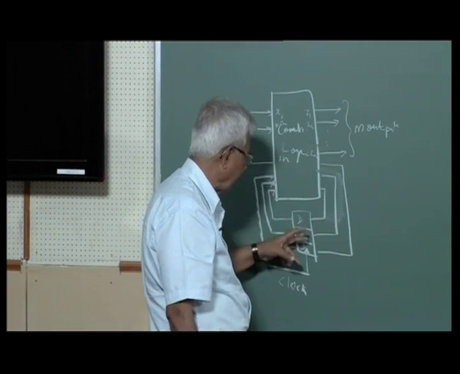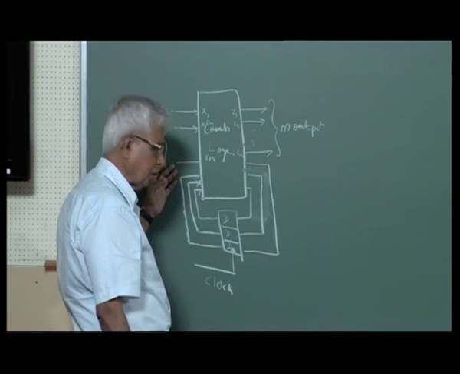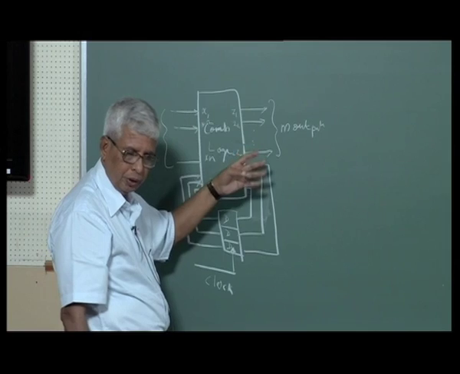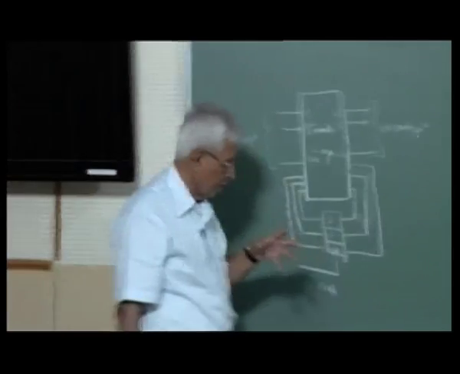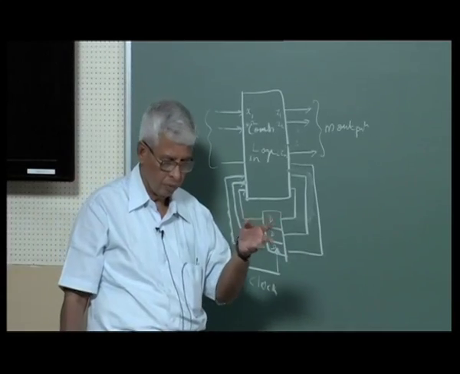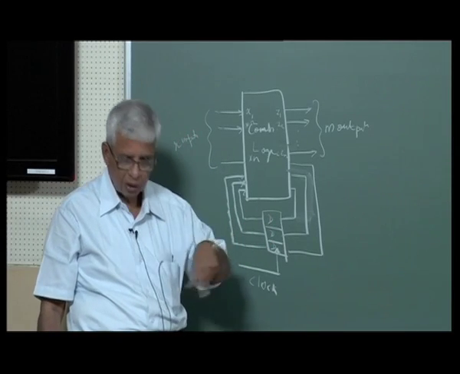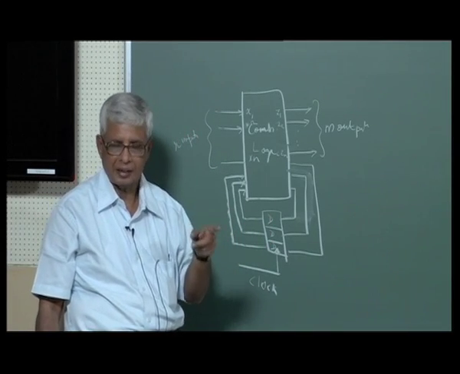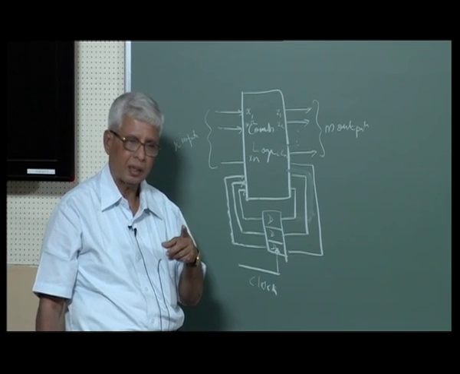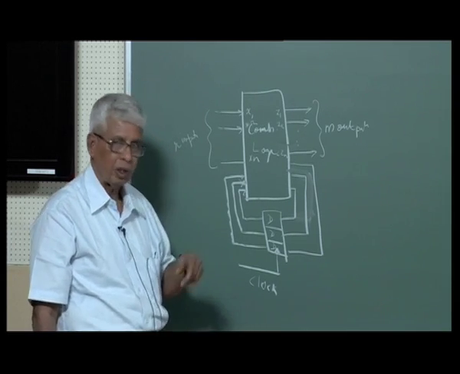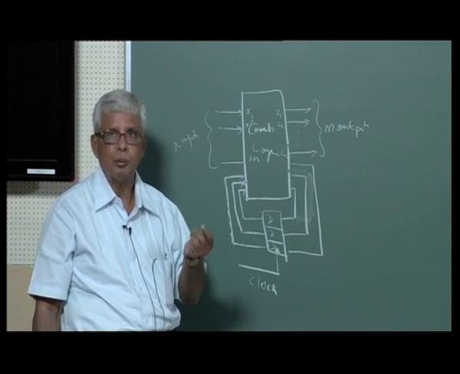We have only flip flops, no external inputs, no external outputs. These are only states. We also saw a circuit in which the same circuit can go in one sequence for x equal to 0, and go in another sequence for x equal to 1. That is what we call up down counter. There we call the input x.